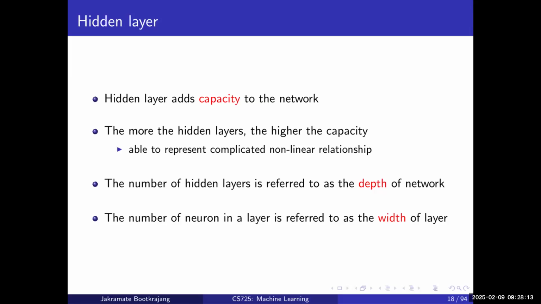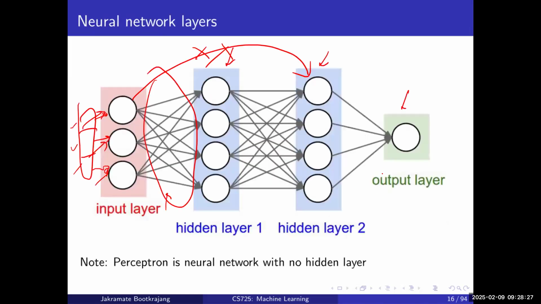The number of hidden layers is often referred to as the depth of the network, and the number of neurons in a layer we call the width of the layer. So here we have depth 2 because we have 2 hidden layers, and each layer has width 4 because we have 4 nodes in each layer.